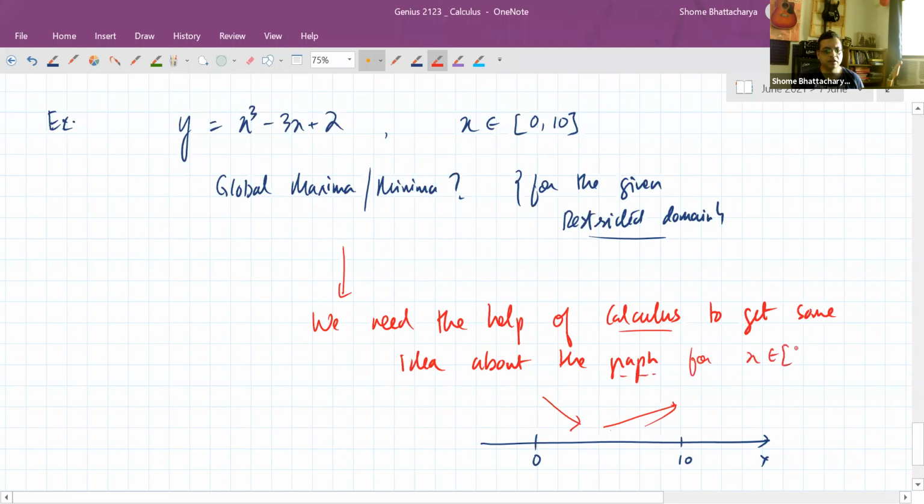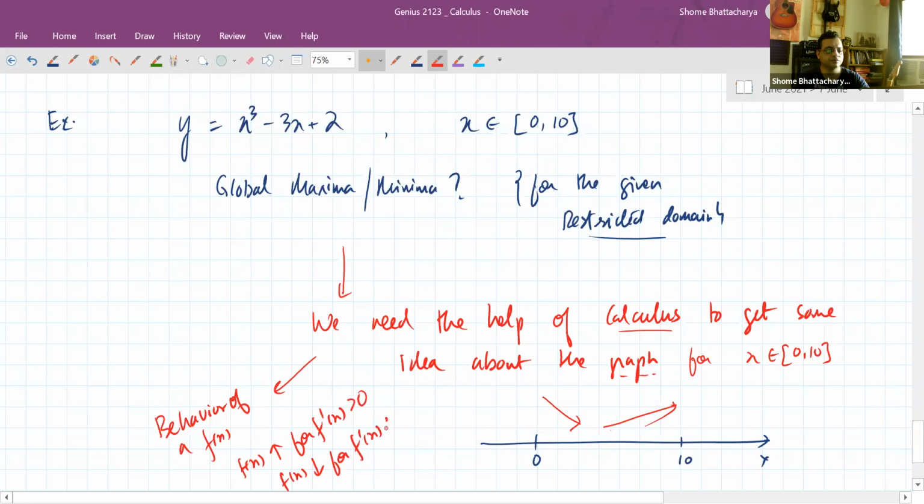Now, what kind of help of calculus can we use? Behavior of a function: the function increases for derivative positive, and the function decreases for derivative negative.